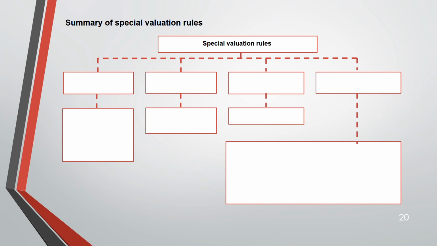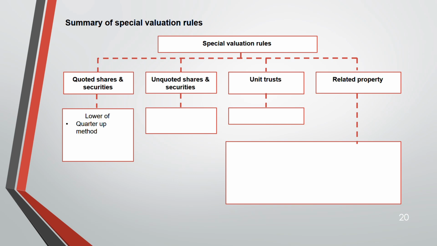Now let us summarize special valuation rules. With this, we have finished the special valuation rules for all the four types. We started with quoted shares and securities, unquoted shares and securities, unit trust, and related property. For quoted, lower of quarter up and the average of high and low. Unquoted, diminution in value concept, that is the transfer of value.